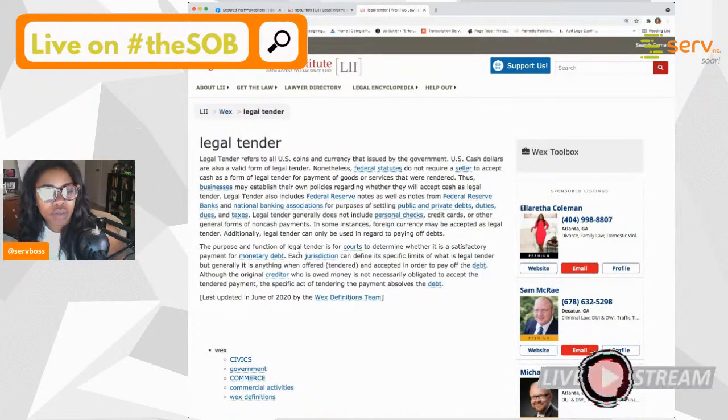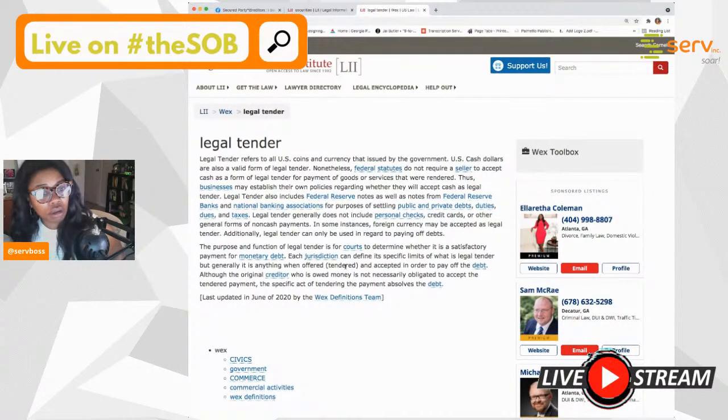The purpose and function of legal tender is for courts to determine whether it is a satisfactory payment for monetary debt. Each jurisdiction can define its specific limits of what is legal tender, but generally it is anything when offered or tendered. Oh, okay, so that's why they call it a tender offer. We are going to go look at that.